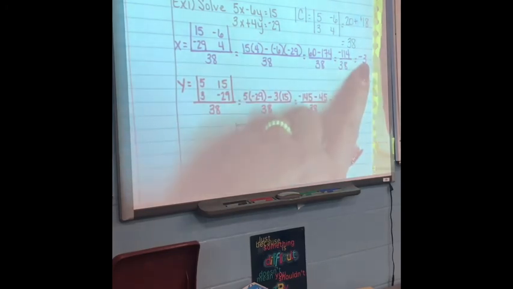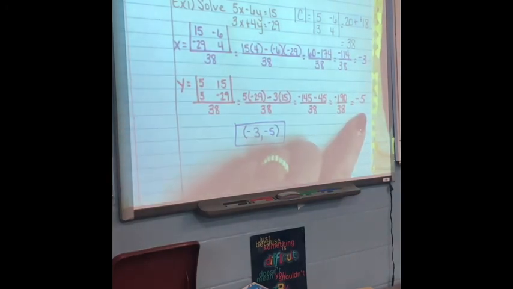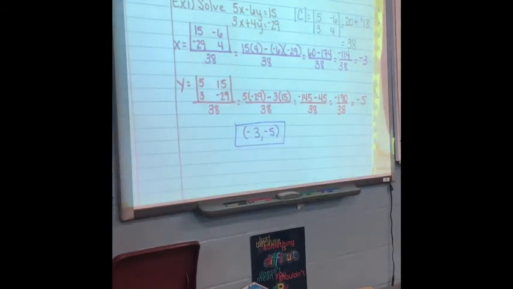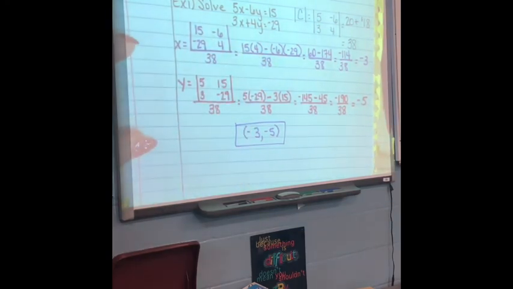Does everybody understand what she just asked? She said, if I already have -3, can't I just plug it back into one of these and get the -5? And the answer is yes. But if I'm asking you to solve by Cramer's rule, I'm looking to see, do you understand this part, right? So I want to see this. If you're doing it in terms of a multiple choice test, then I'm not looking for that. Homework, I need to see it because I need to know that you get it. Is everybody with me? Okay. Can you check your work that way though? Sure enough. You can always plug them back in and check.